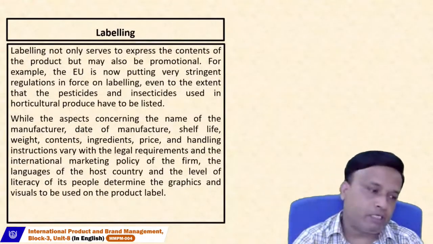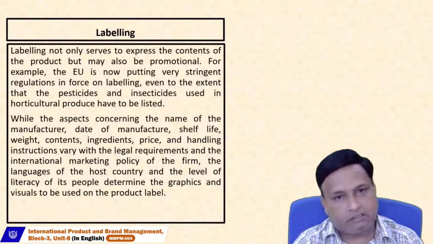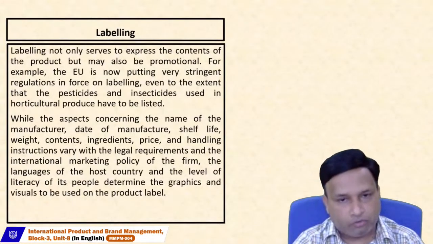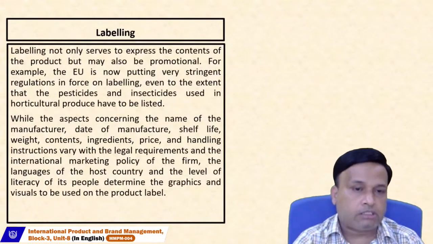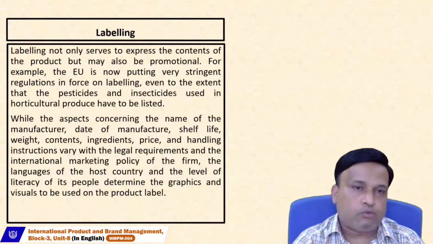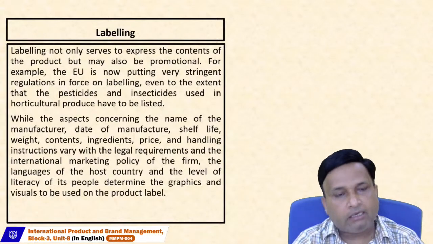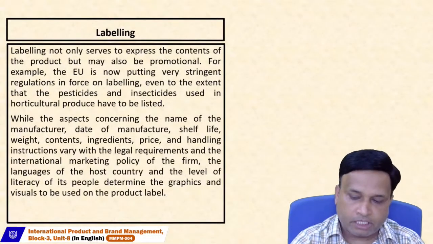Everything is defined as far as the country is concerned. You have to mention in detail what must be written on the label. So these are the things we talk about in labeling, which, along with branding and packaging, also comes under branding.